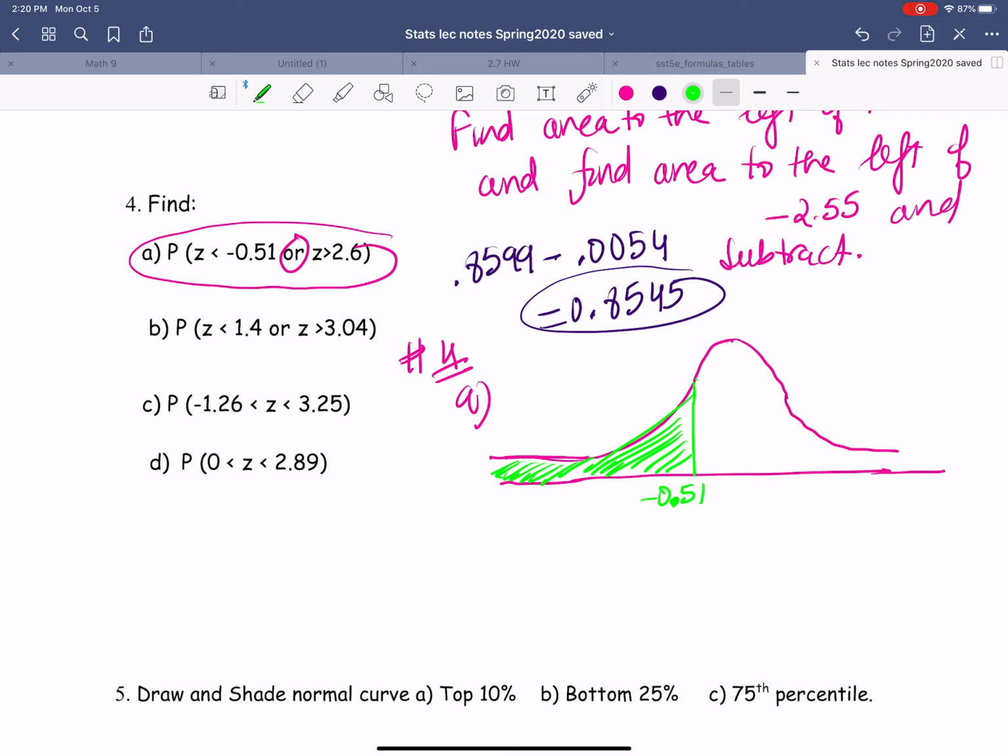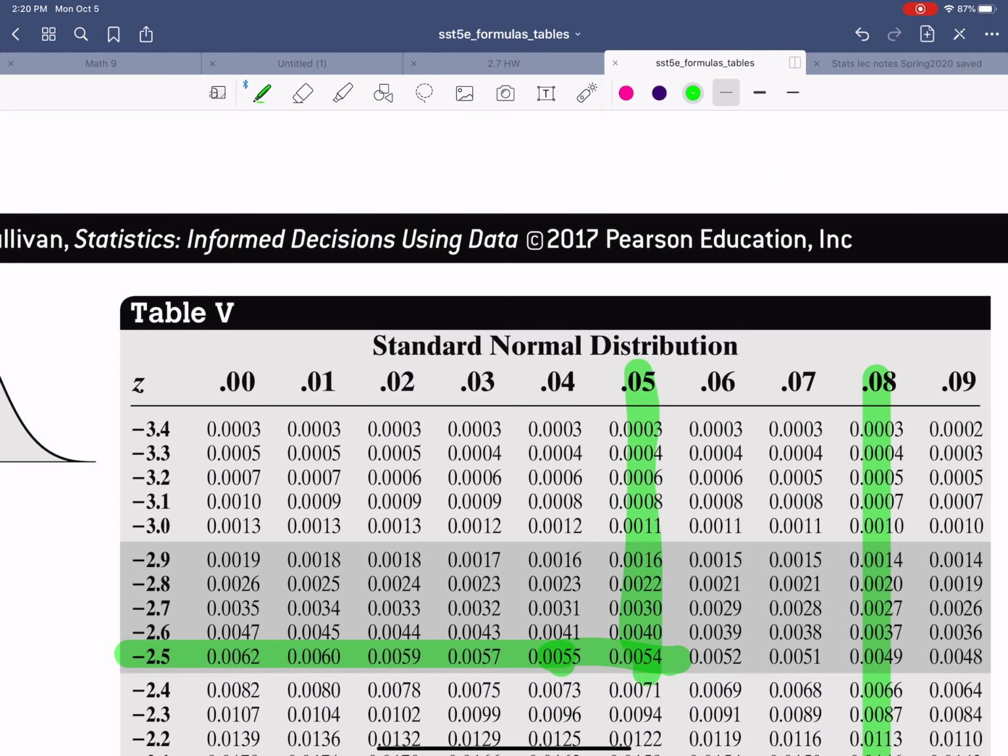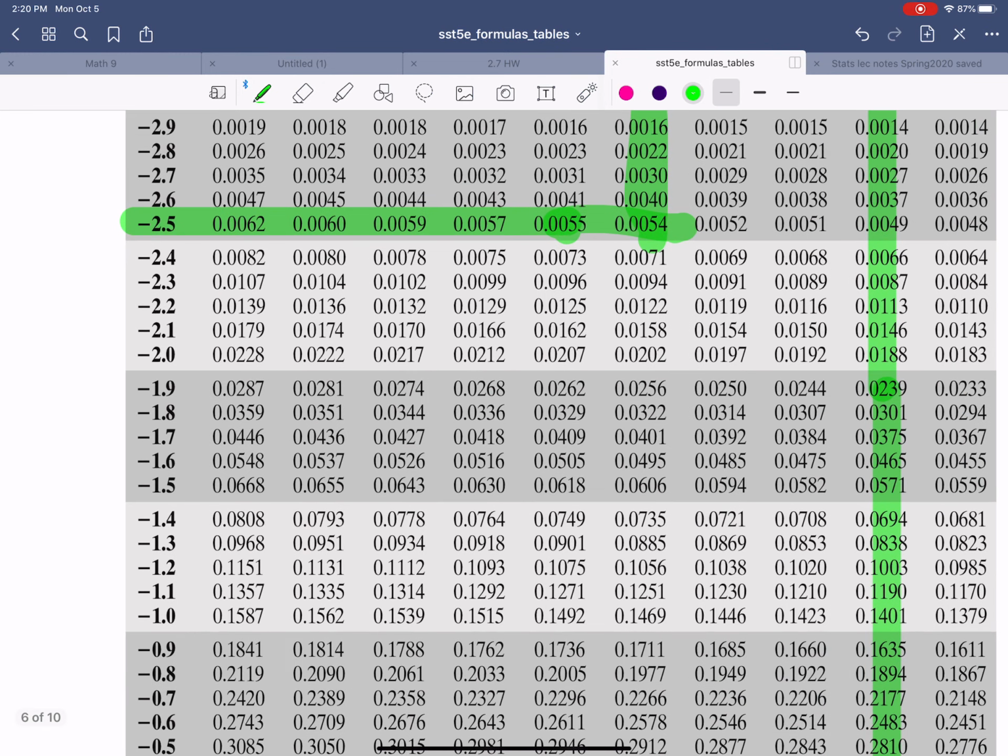That turns out to be 0.3050. Now I also need the area to the right of 2.6. So 2.6 will be a bit farther. All that area is what I'm looking for, so go back to the table. 2.6, is it 2.06?